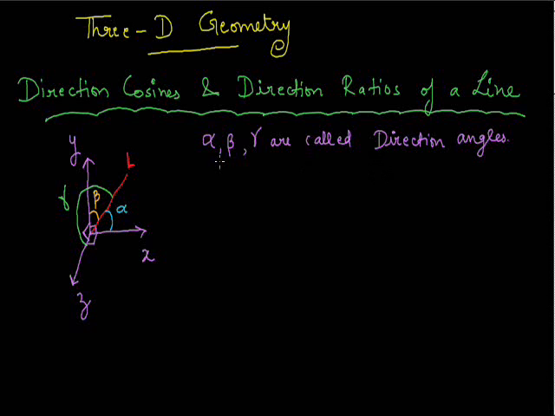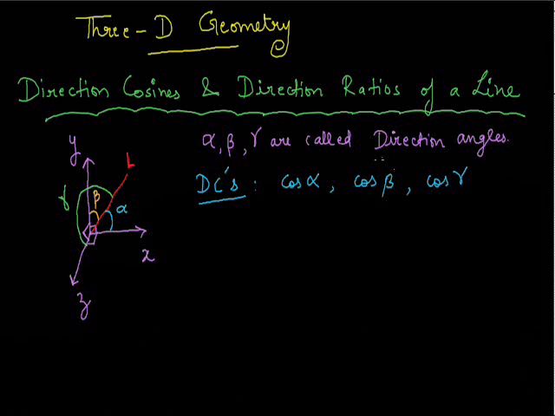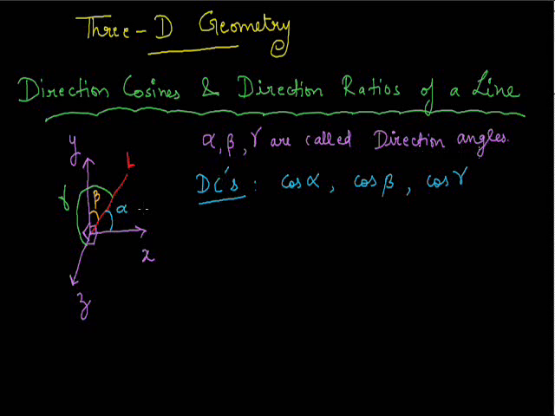And when we take cosine of these angles, we get direction cosines. The direction cosines, in short form, we can write them as DCs. The direction cosines will be cos of alpha, cos of beta, and cos of gamma. So what are direction angles?